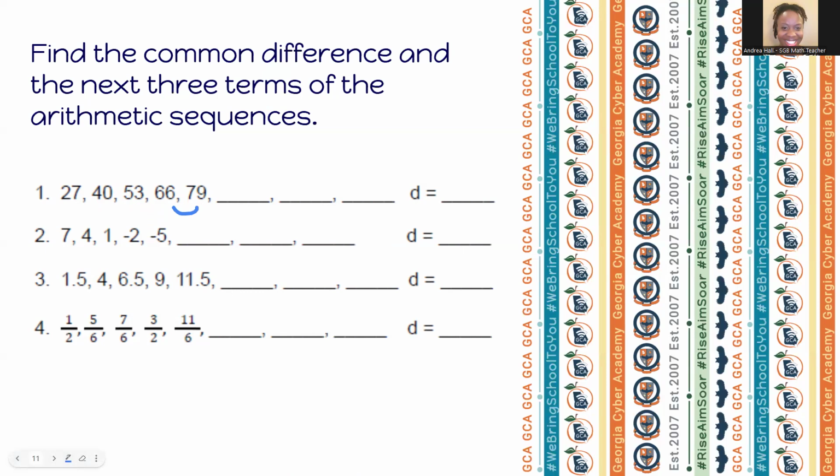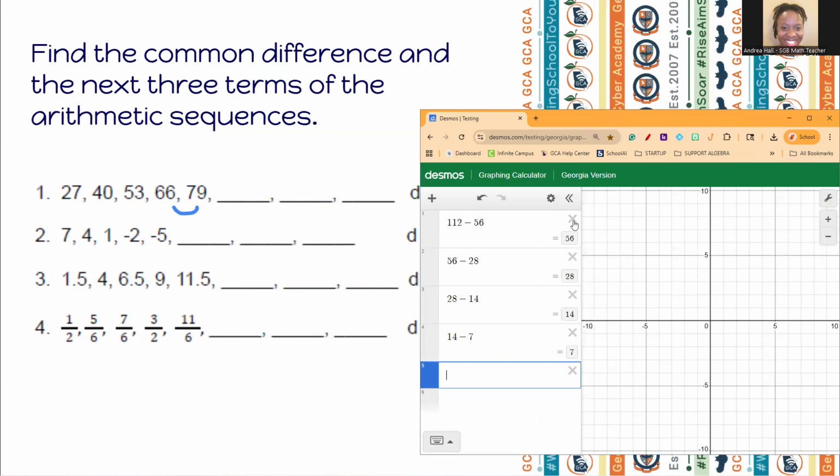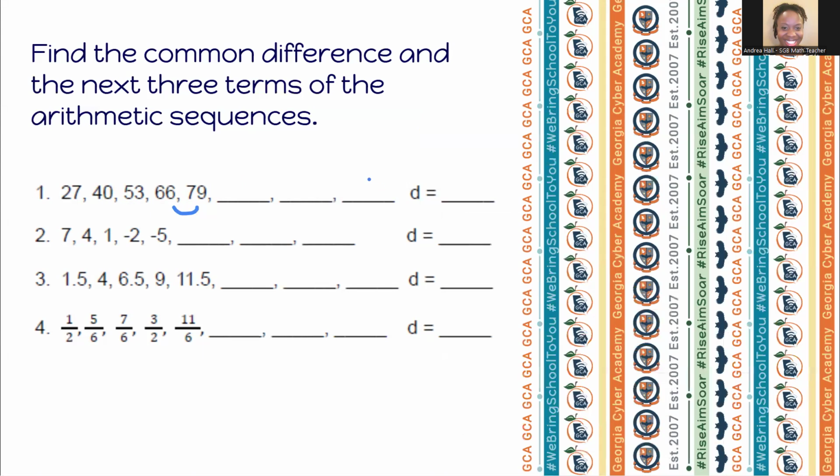I'm going to use my calculator to help me work smarter, not harder. I'm going to say 66 minus 53 because we want to make sure it is an arithmetic sequence. 53 minus 40, and then 40 minus 27. All right, so my common difference here is 13.